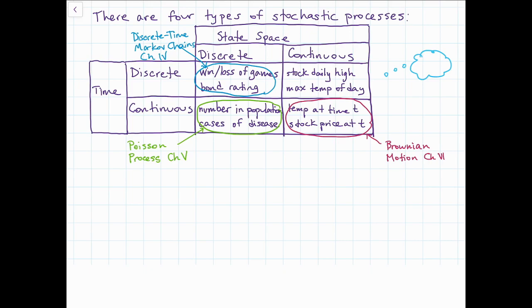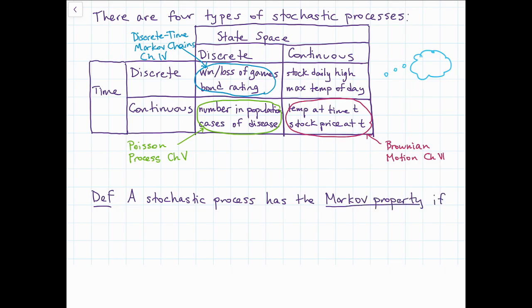All right, for now, let's move back into chapter 4, into the fully discrete world, where we have discrete state space and discrete time. I want to define something known as the Markov property. We say a stochastic process has this Markov property if the following holds.